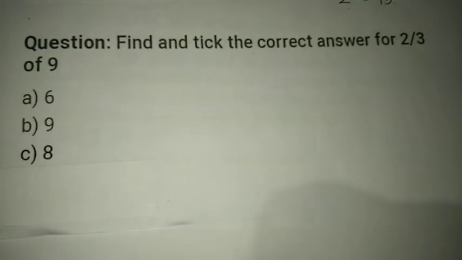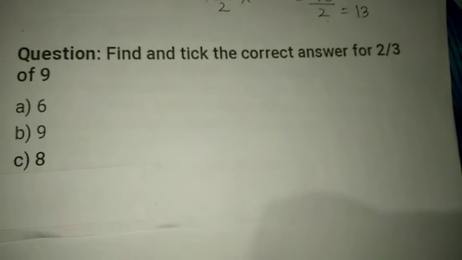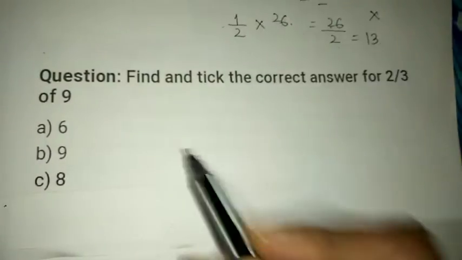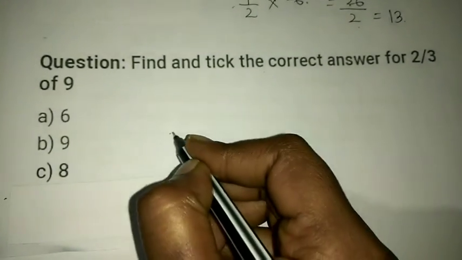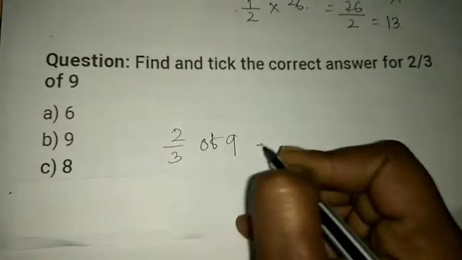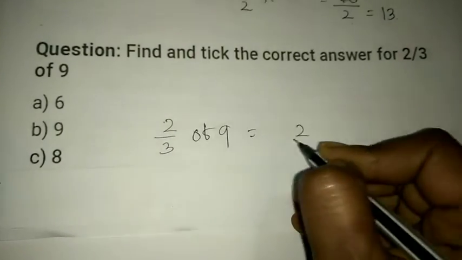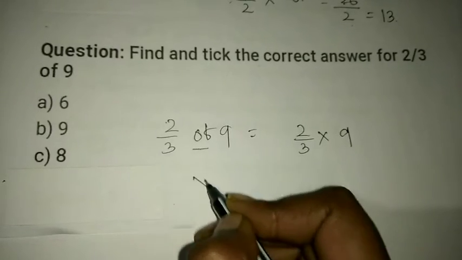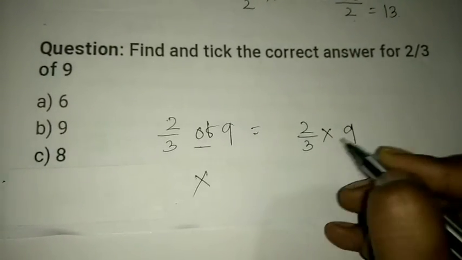Let's see the next number. Find and tick the correct answer for 2 by 3 of 9. This question is also like that. 2 by 3 of 9 means 2 by 3 into 9 because of means multiply.